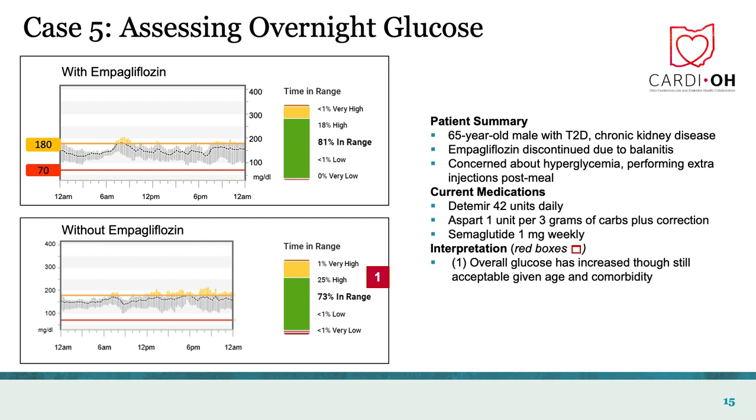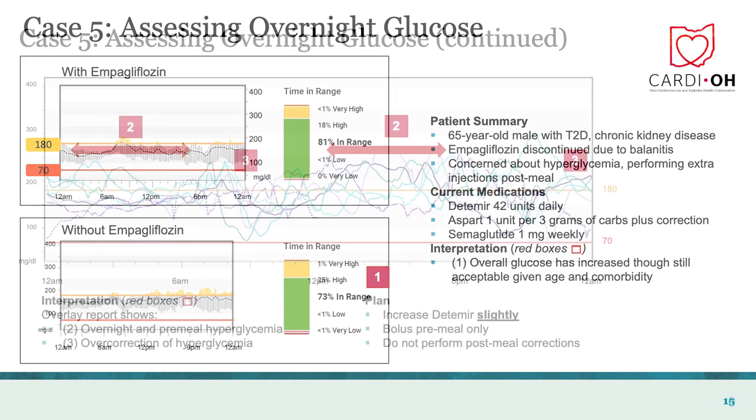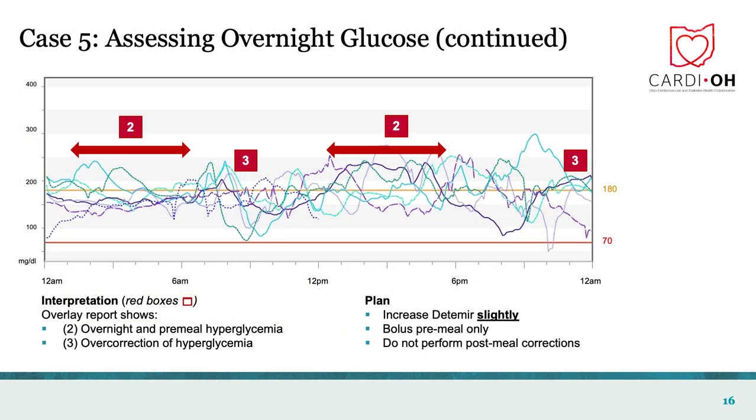So the time in range went from 81%, which is near perfect, to 73%, which we would probably still find to be acceptable and actually very good, considering that the individual has chronic kidney disease and that there's no hypoglycemia. When we look at, however, the daily overlay reports, this is from a 1-week period, we can see a little bit more granularity. So here are some important findings.